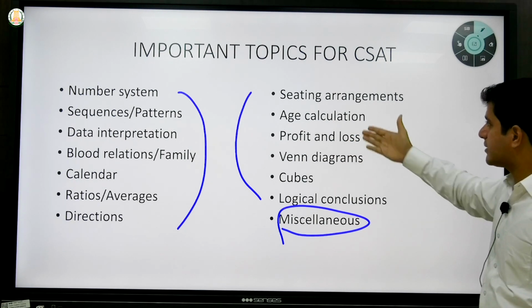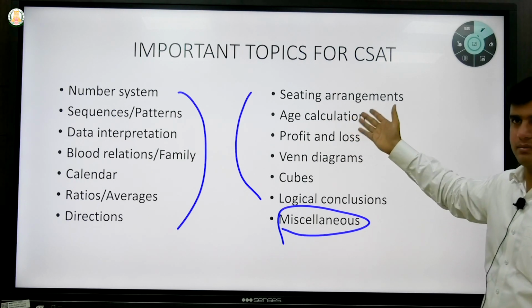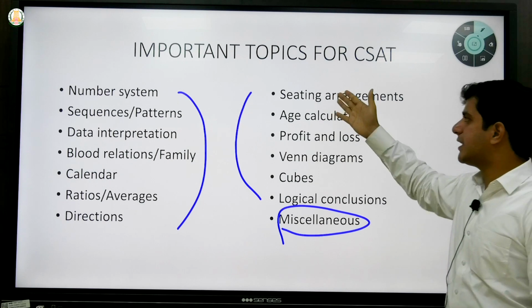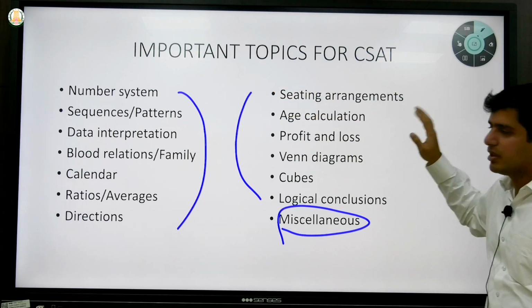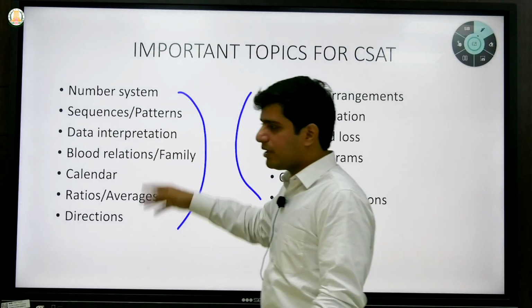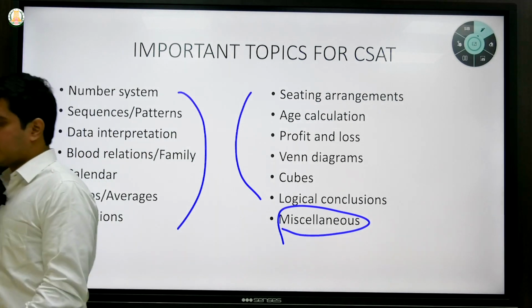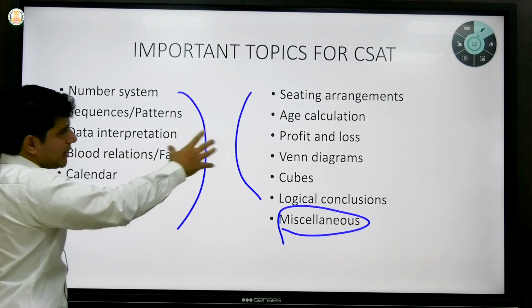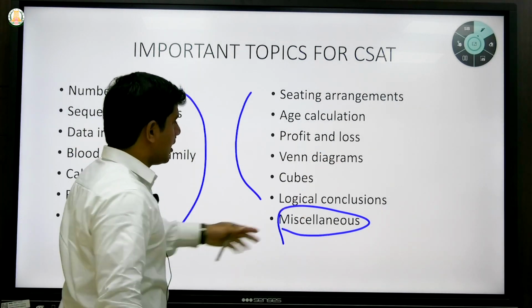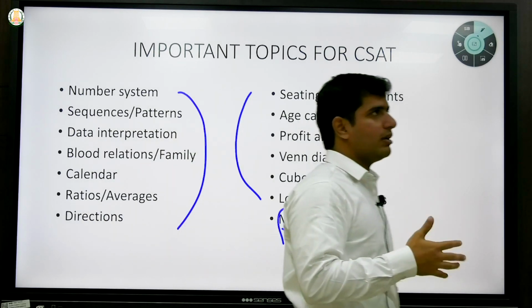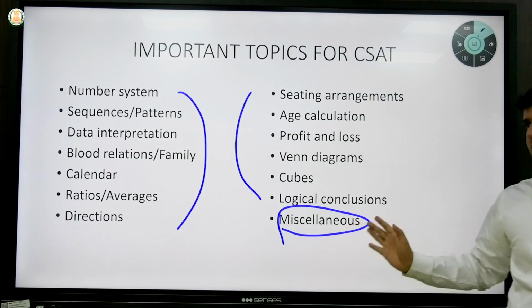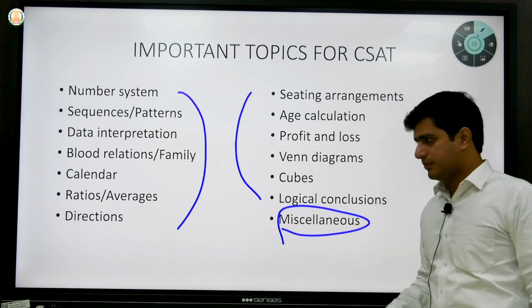This is basic mathematics. Age calculation also is basic addition and subtraction. Seating arrangement is also basic pattern identification. So all these have some kind of logical approach. We have only categorized them based on some conditions. Miscellaneous also will have different types, but you can solve them with basic logic and basic mathematics.